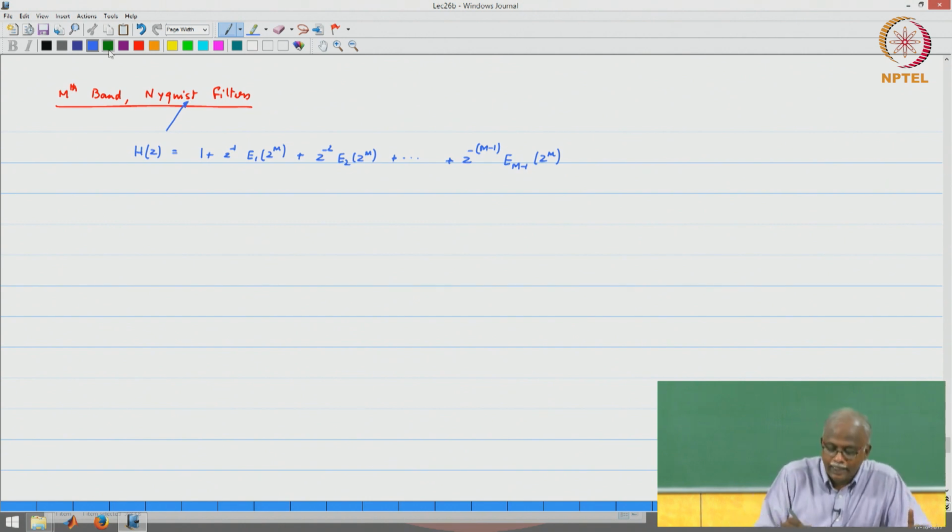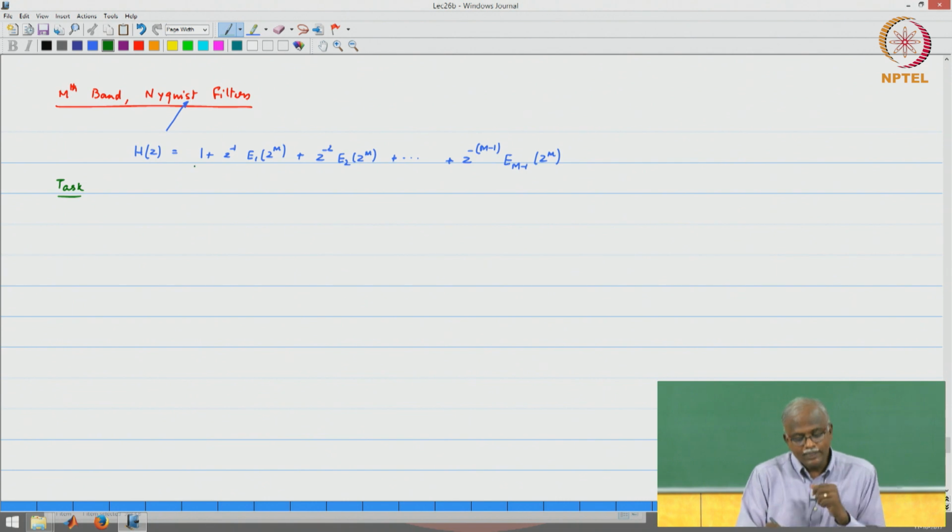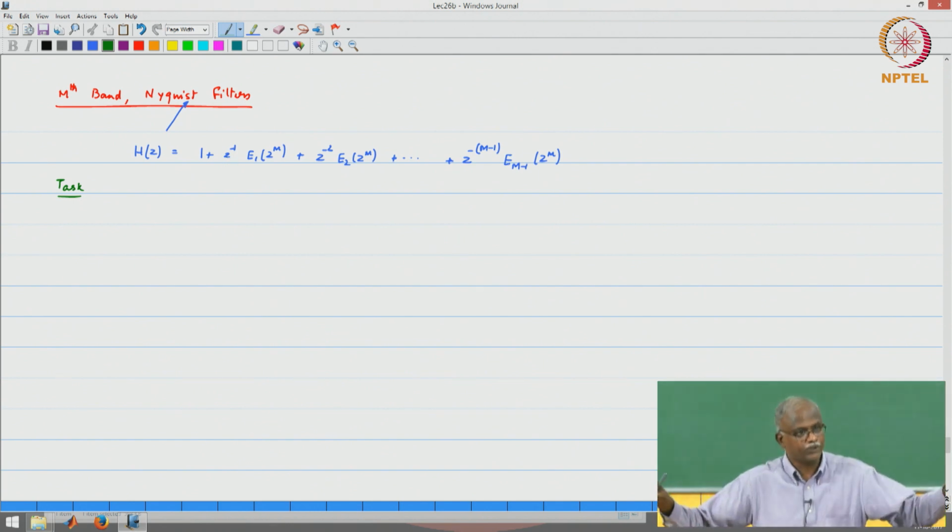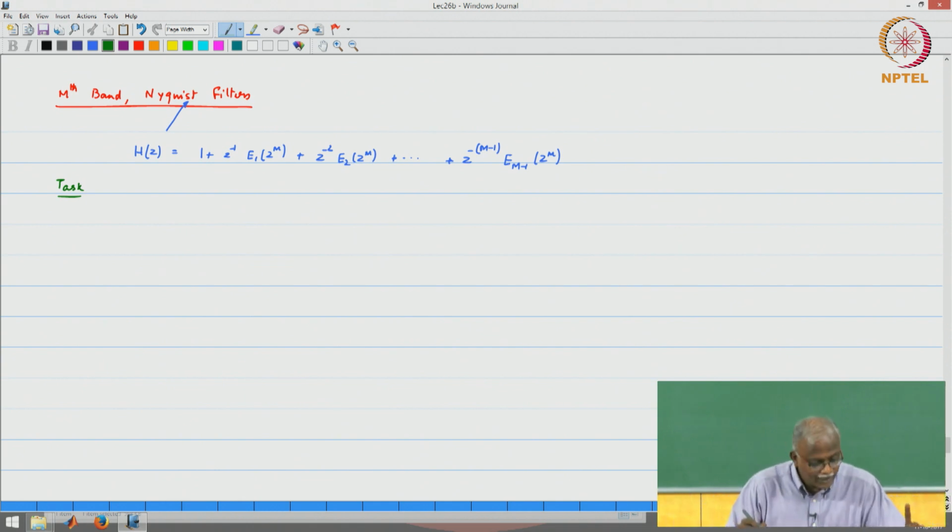Now here is a task for you to do. What does this structure of the interpolation filter tell you? That there are 0 crossings of the impulse response, correct? So when I do the interpolation, initially I have 0 valued samples, some number of them, and these are my input samples.